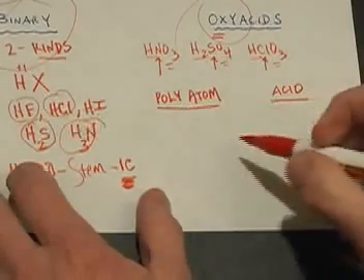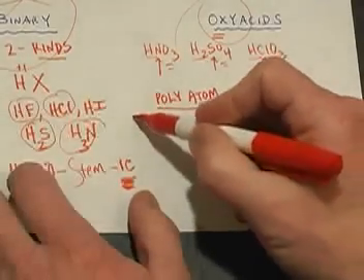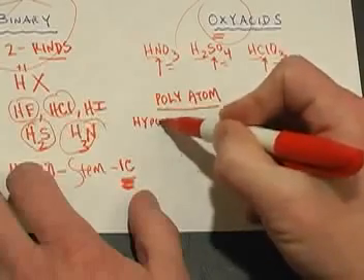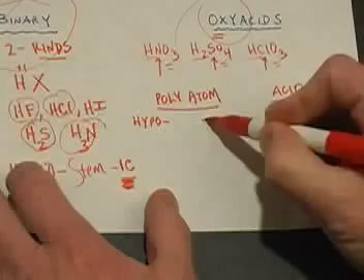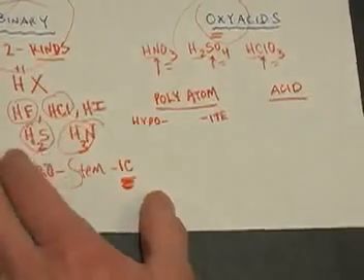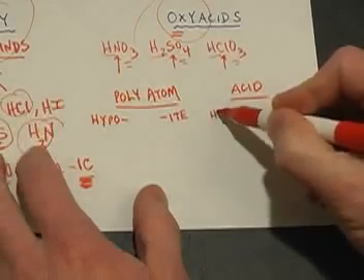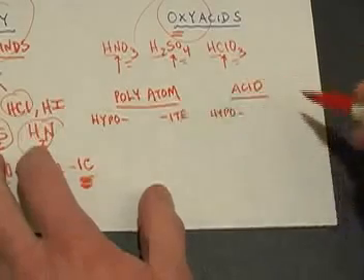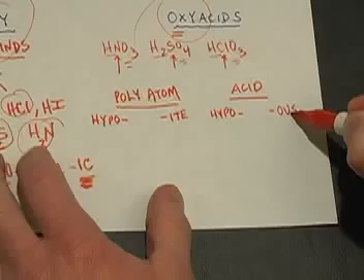If the polyatomic ion name starts with the prefix hypo and ends with the ending ite, then the acid name will simply keep the prefix hypo, but the ending will change to us.